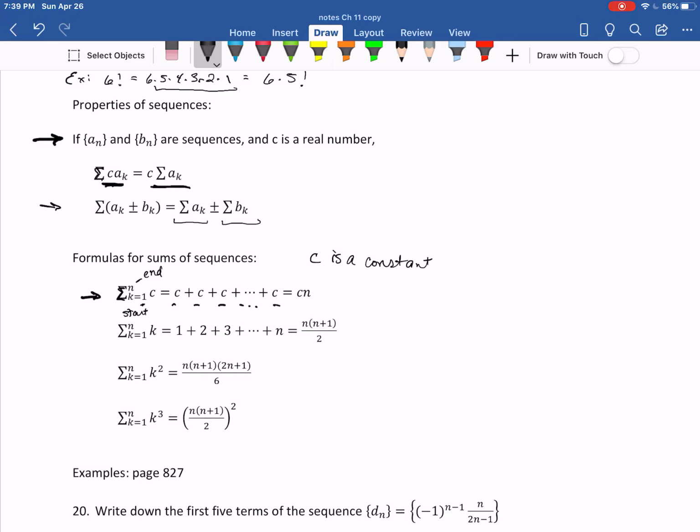All right, the next formula is where you're not adding up a constant that's the same each time, but this constant is changing. And so this constant is now called k, and this is why earlier I changed the n into a k. And I said you'll see why shortly. Okay, so you're adding up some counter variable k.